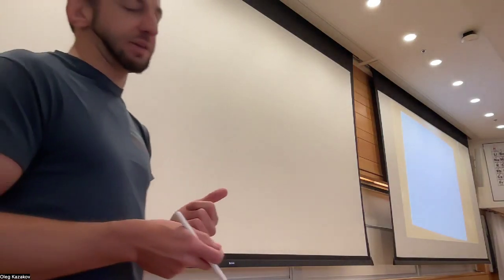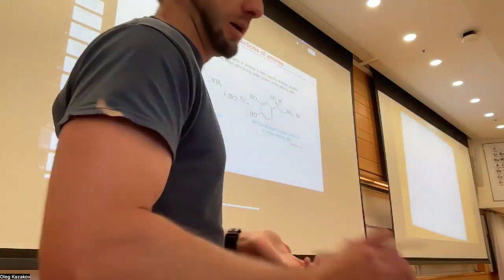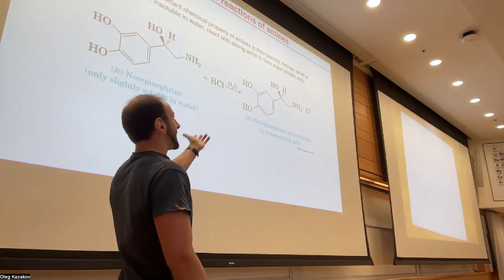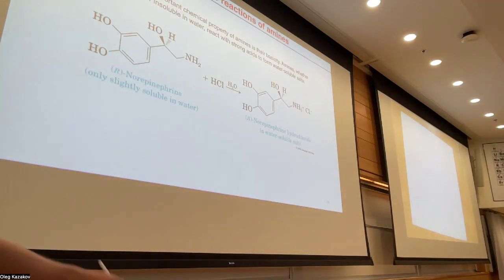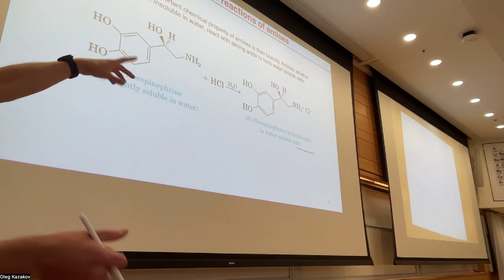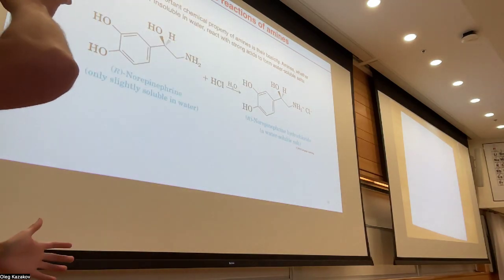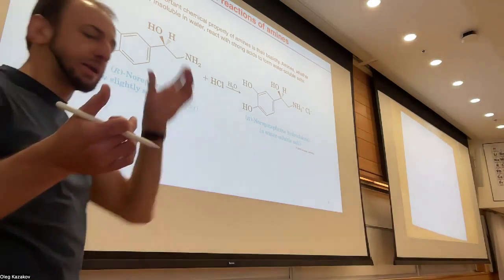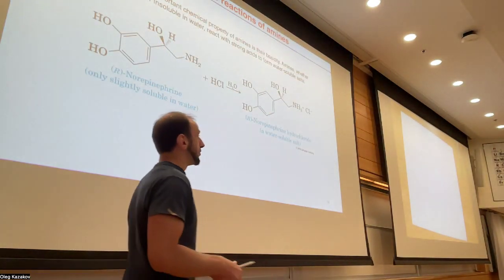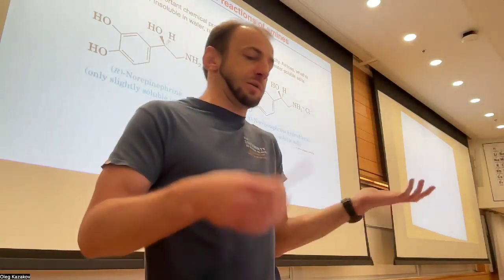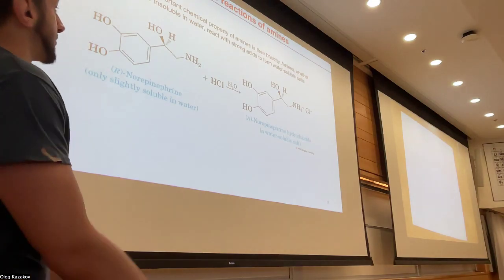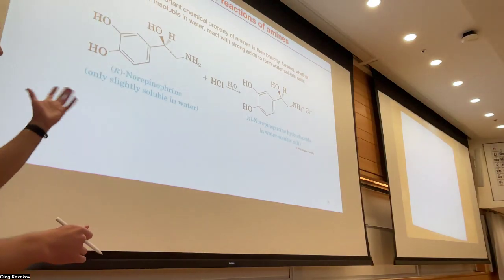Even though technically it doesn't contain a metal, people decided to call it a salt, because it almost looks like your sodium chloride, except instead of sodium plus, you have this nitrogen with a plus and some crazy structure on it. But this compound happens to be water soluble, just like salts are, so people decided to call it a water soluble salt. So it's going to be your amine hydrochloride.